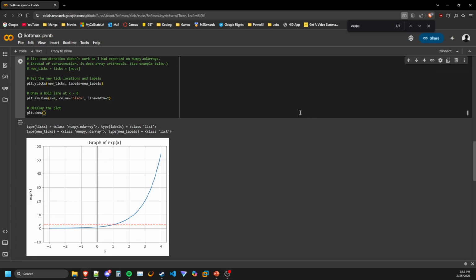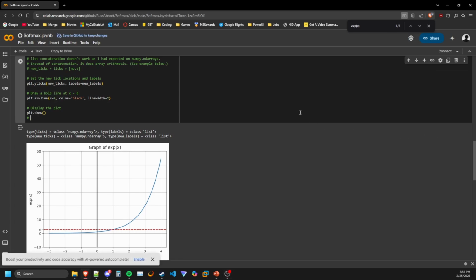So what if we were to replace exponentiation with something like this? What this is doing is replacing exponentiation of x, which is the same as e to the power of x, with 9 to the power of x, which does something similar to exponentiation of x, but with a larger base.